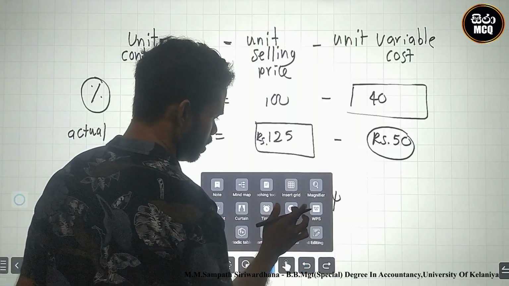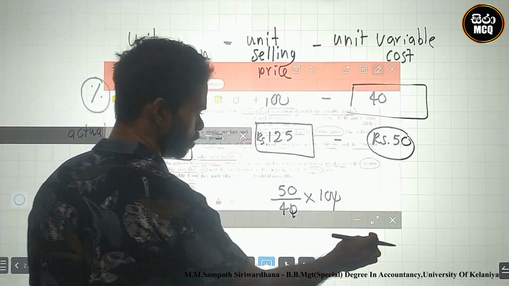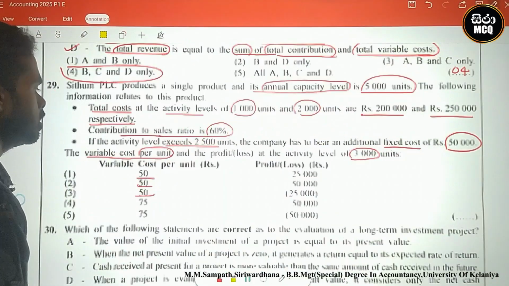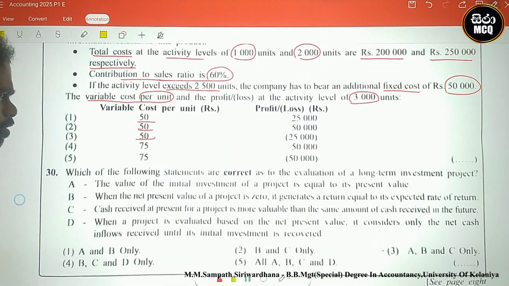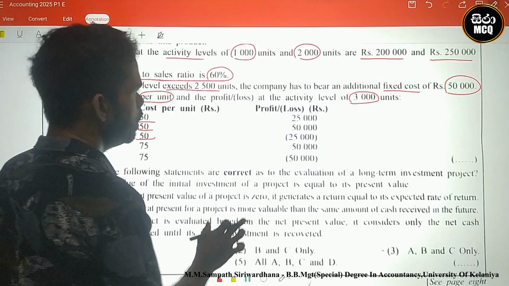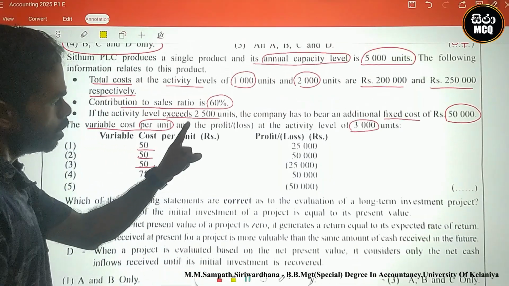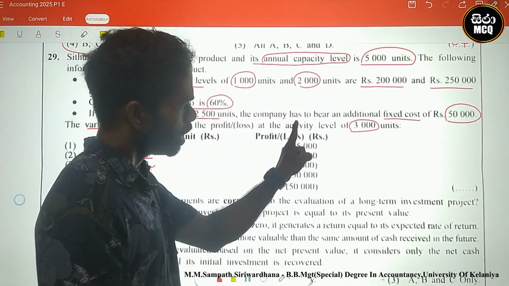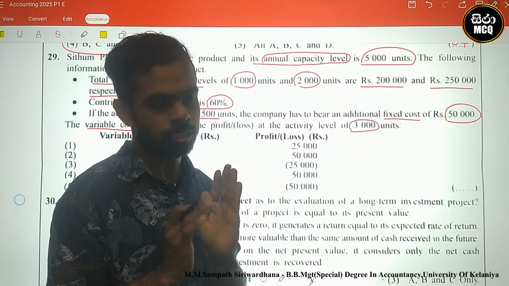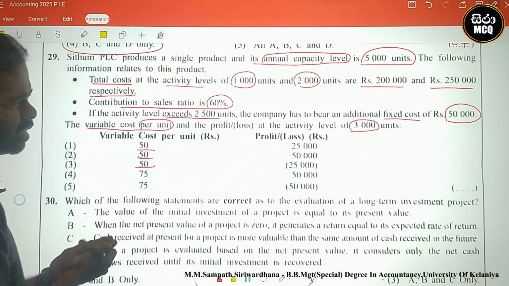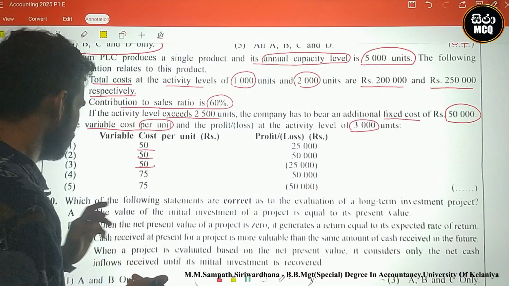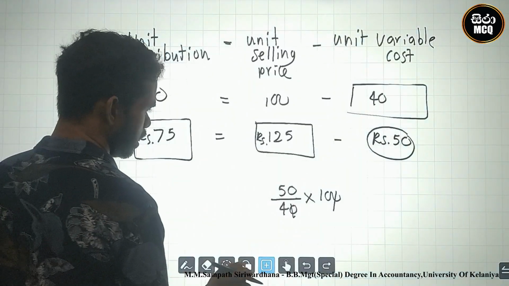After that we find the requirement. Look here, the requirement is profit or loss at the level of 3000 units. There are so many methods to calculate this profit. Therefore I use the income statement to identify this.